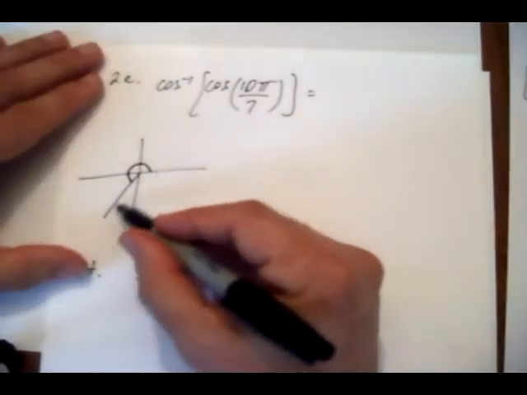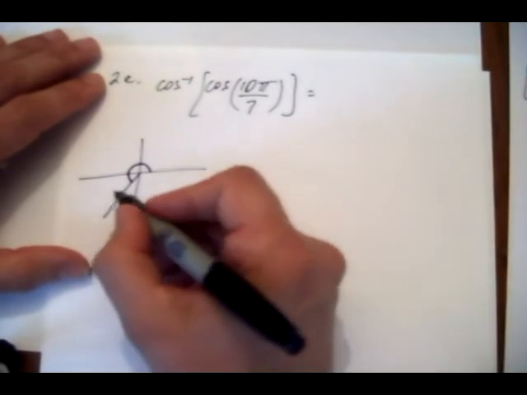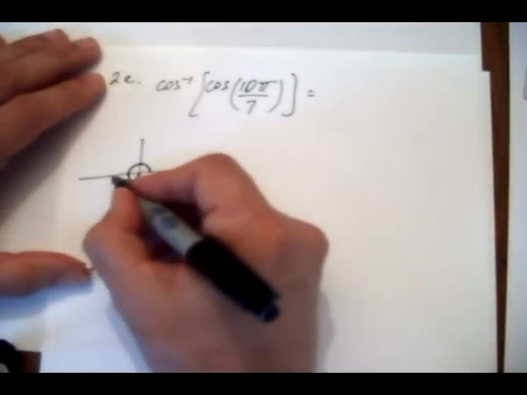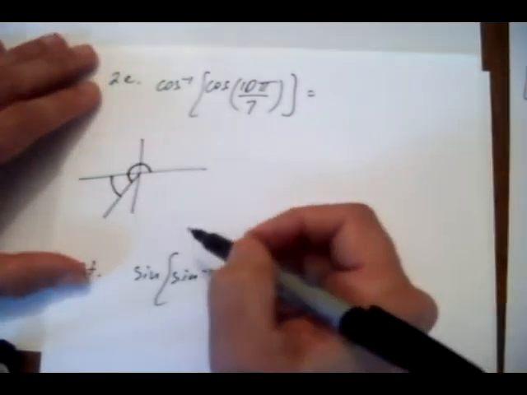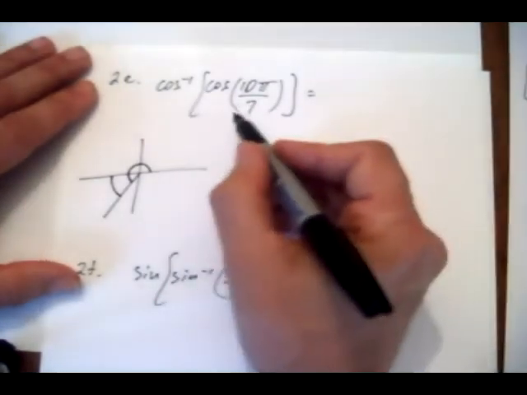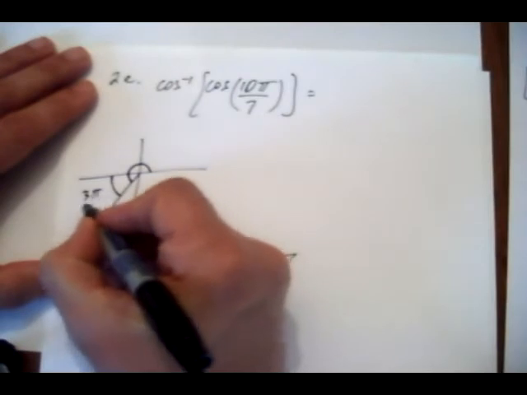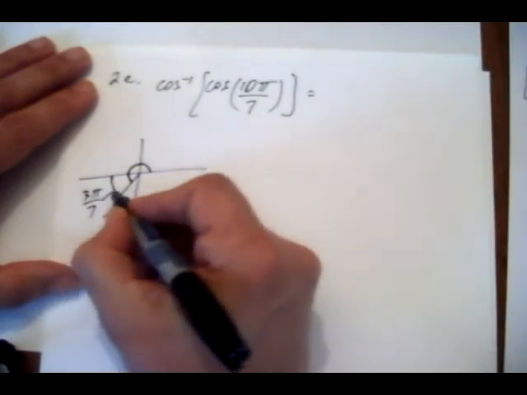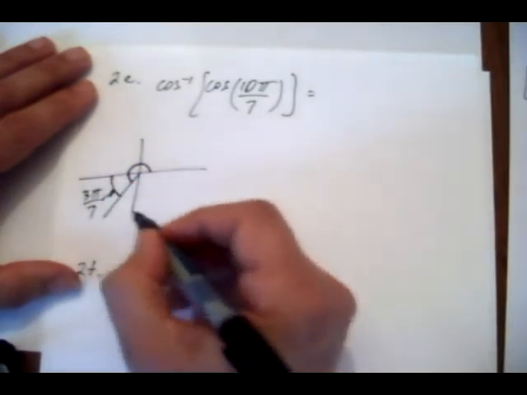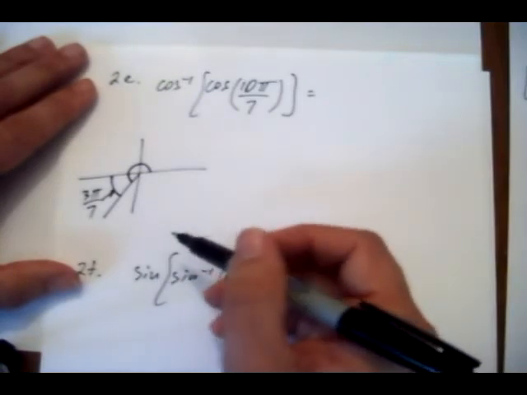Again, this is not necessarily to scale, but as long as I'm in the right quadrant and I'm labeling my reference angle properly, I'm okay. What is my reference angle here? Reference angle is 3π/7. That's this angle right here from the nearest x-axis.